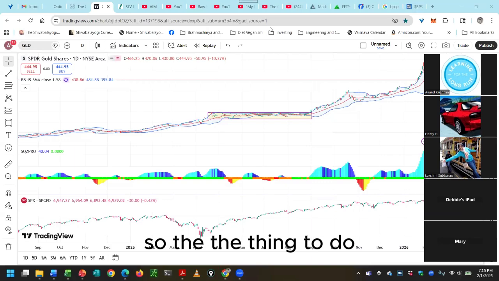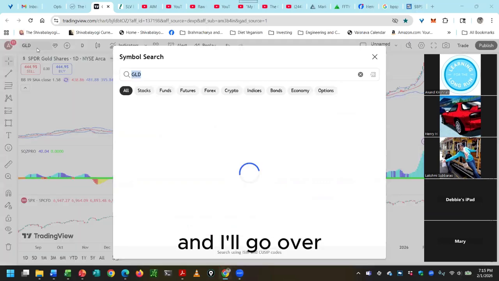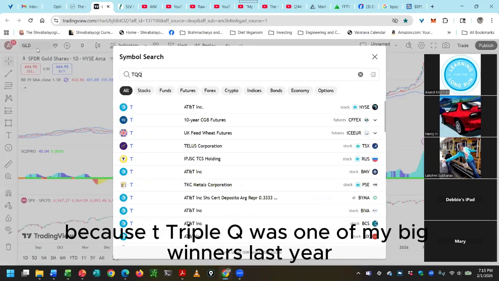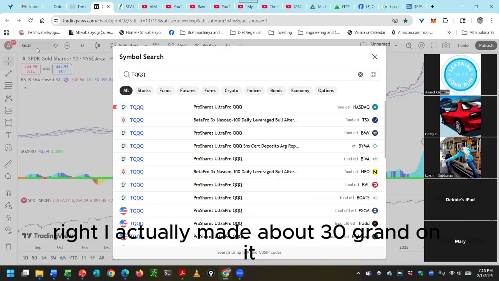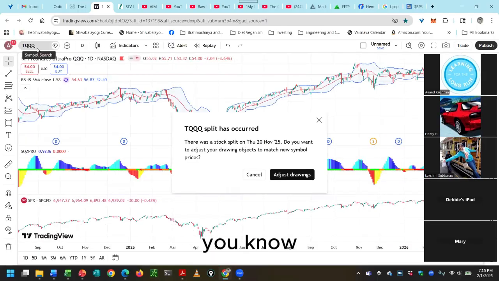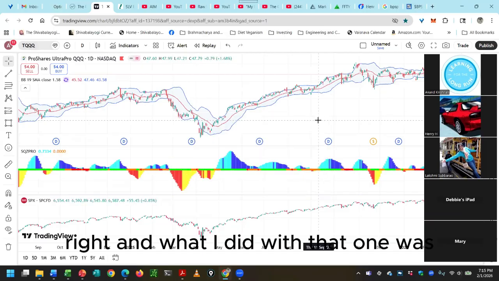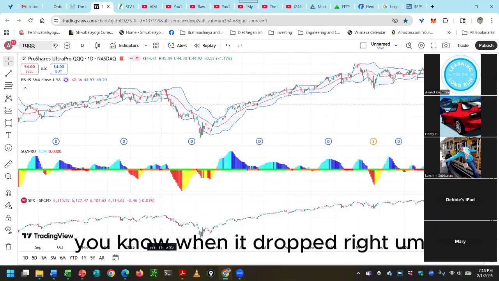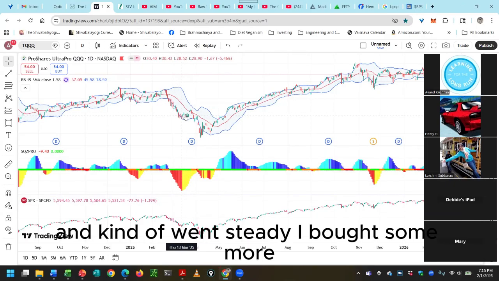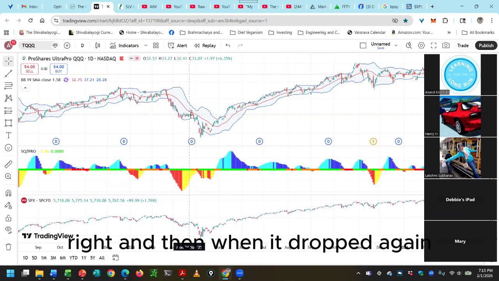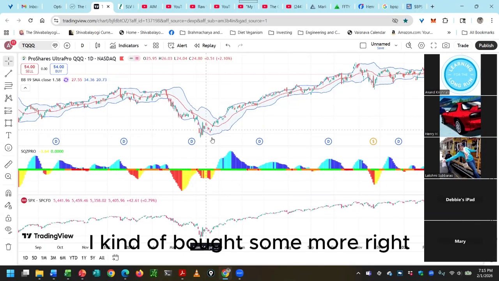So the thing to do, and I'll go over it because TQQQ was one of my big winners last year. I actually made about 30 grand on it, after the whole tariff news situation finished out. What I did with that one was, when it dropped and went steady, I bought some more, and when it dropped again, I bought some more.